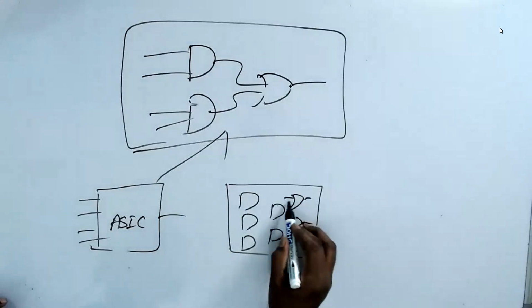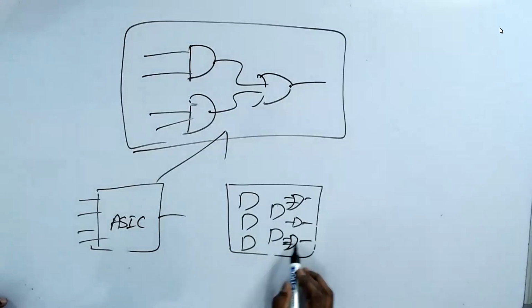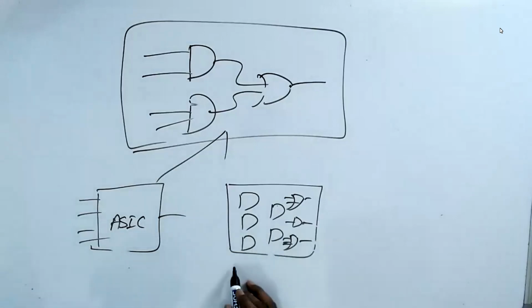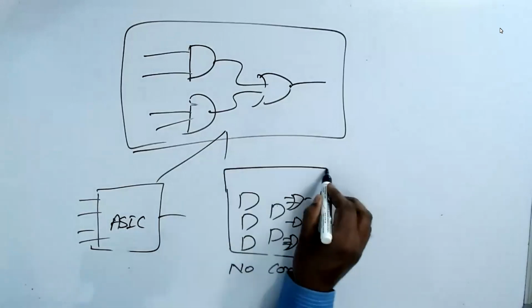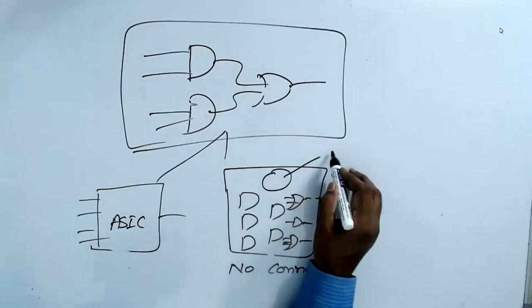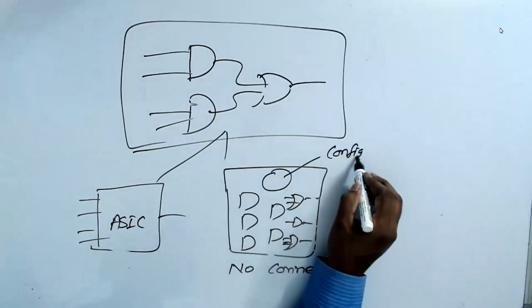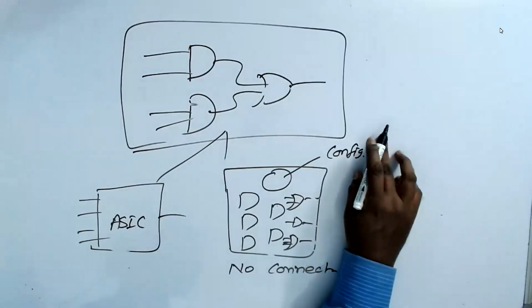So many gates which are not connected. They give you the gates with no connection, but they give a small logic here called the config logic, config block.